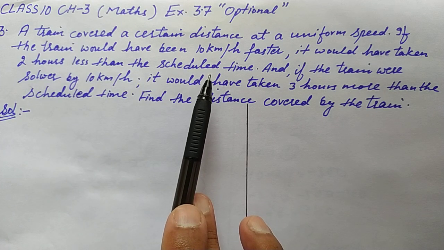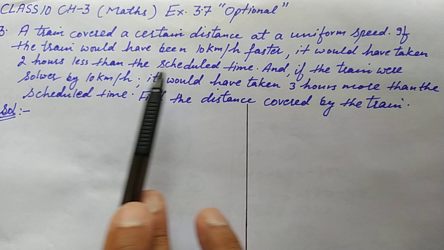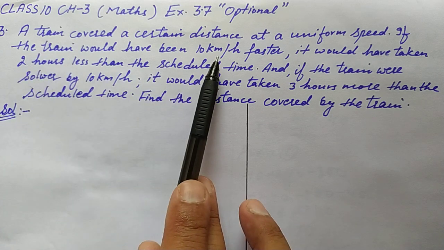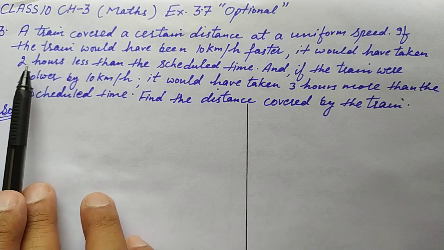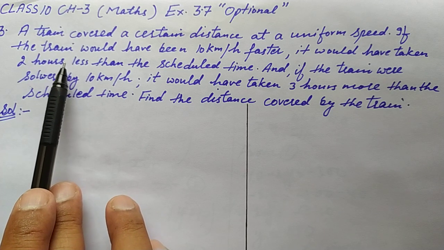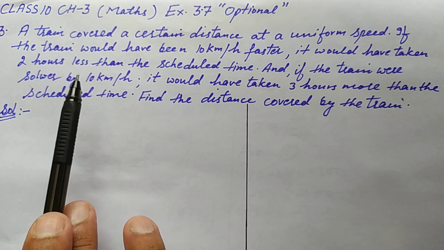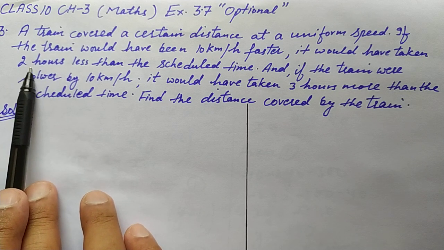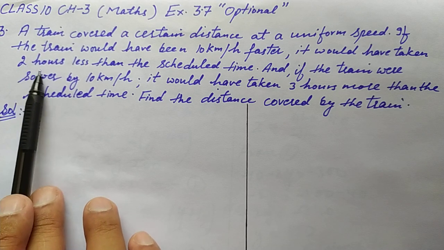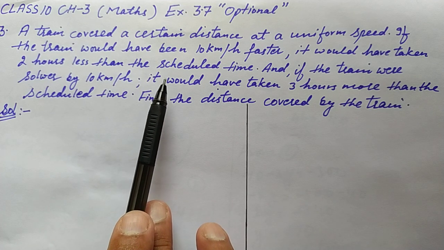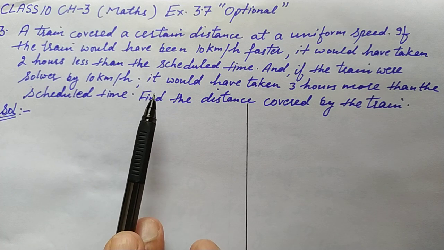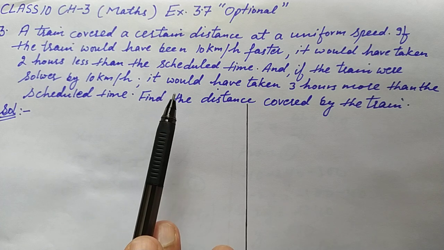Suppose the scheduled time is y hours. Then when the speed is increased by 10 km per hour, it will take 2 hours less than the scheduled time. It means the scheduled time was y hours, now it is taking y minus 2 hours. So the first option is, if we increase the speed by 10 km per hour, it will take 2 hours less than the scheduled time.